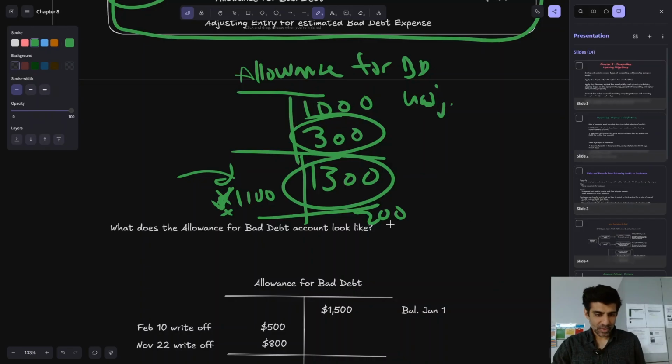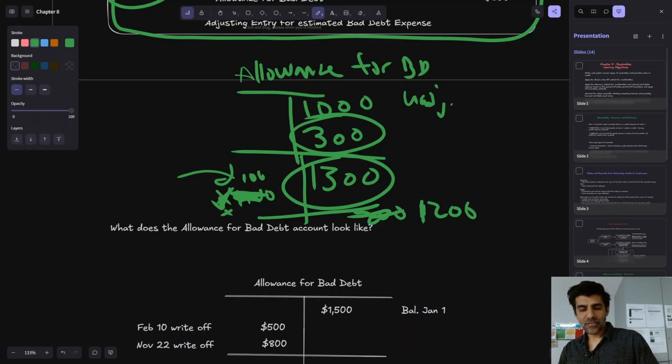Okay, so let's do a slightly different example here. If this, instead of 1,100, was only 100, then this would be 1,200 instead. And then maybe we have another $500 adjusting entry, and it's 1,700 now. So you can see it's growing.